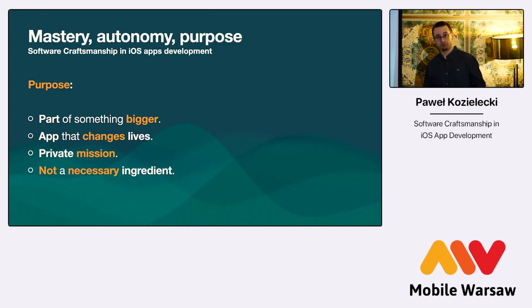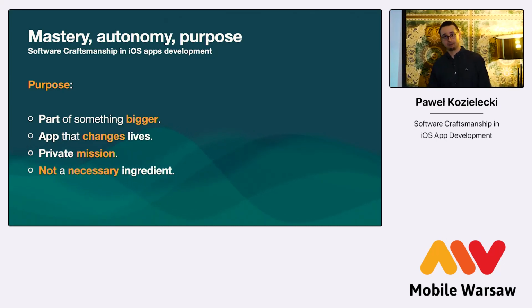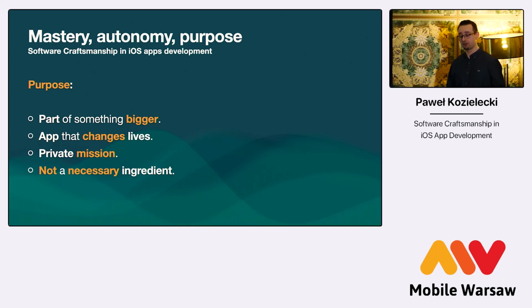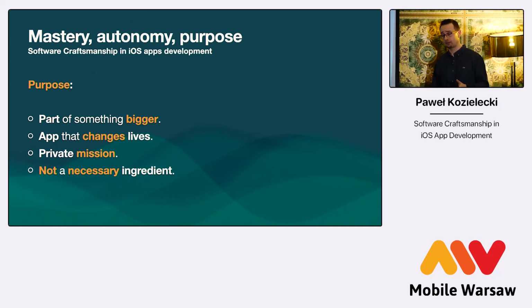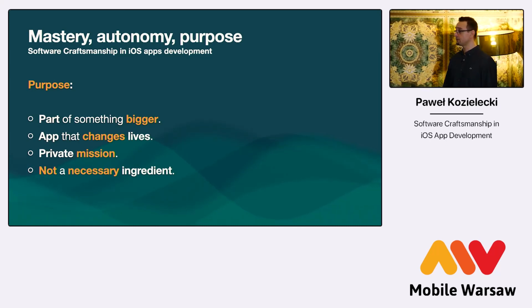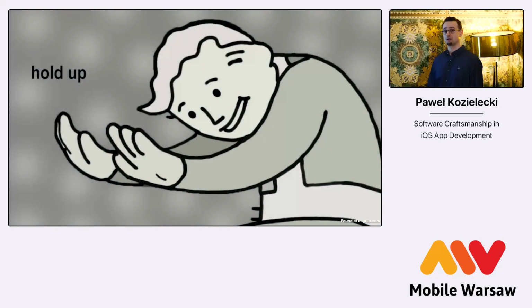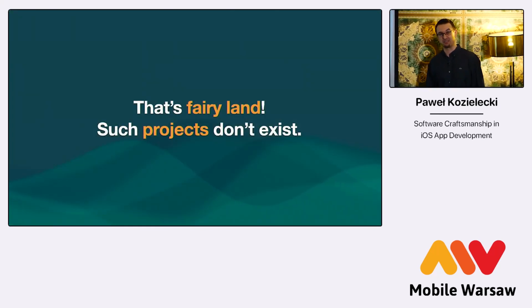I personally knew a lot of great developers that just work in, let's say, basic applications, and it's just fine, as long as they have mastery and autonomy in those applications. So at this moment, you might be scratching your heads, thinking those projects don't really exist.